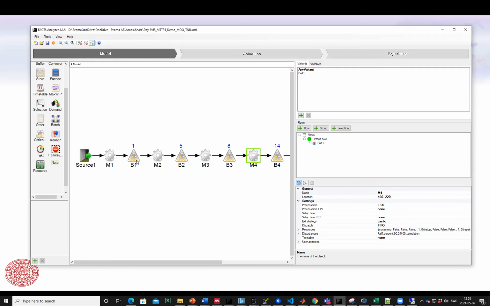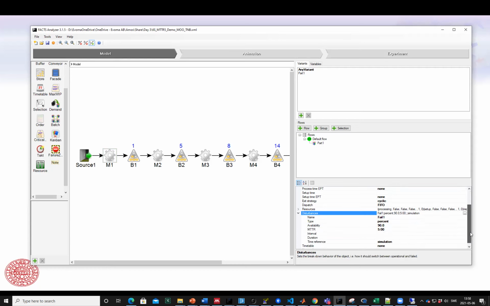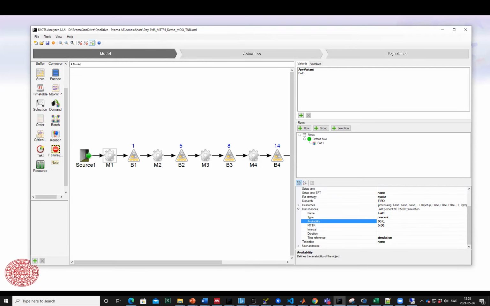If we look at the availability setting, be careful that when you first do the simple experiment in chapter 8.2, if I remember correctly, this will be 100. So you are going to see that if you have 100% availability and every station has the same processing time, then it really doesn't matter how you set the buffer, because as I mentioned in the instruction note, you will get zero buffer occupation.